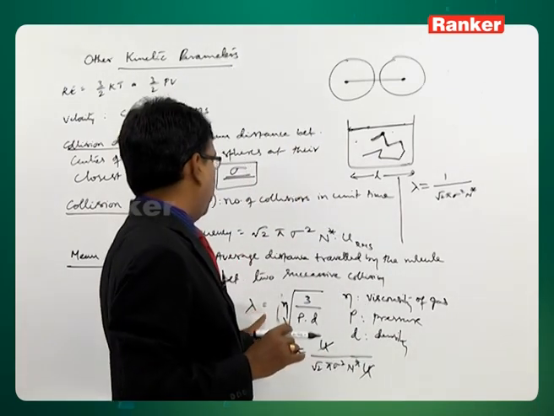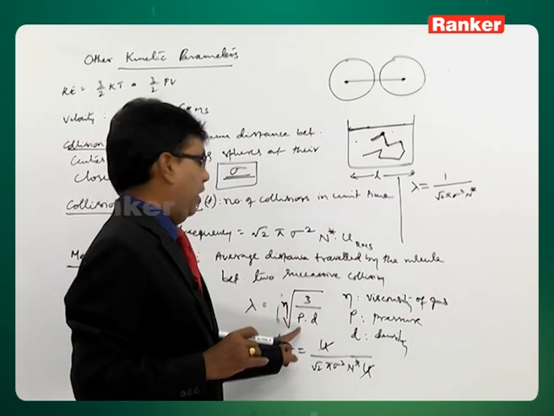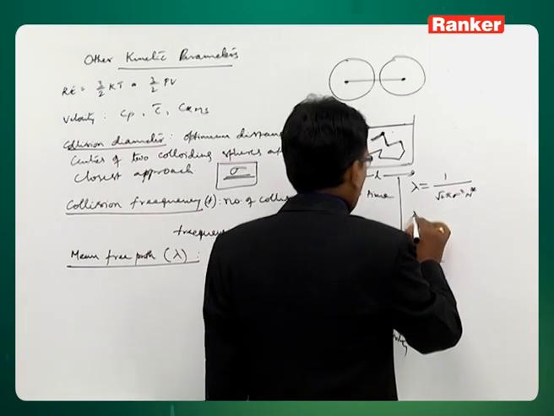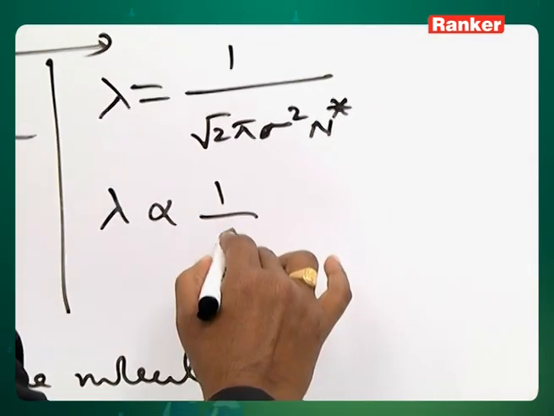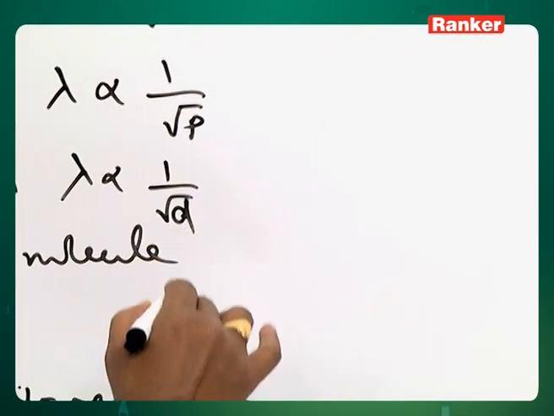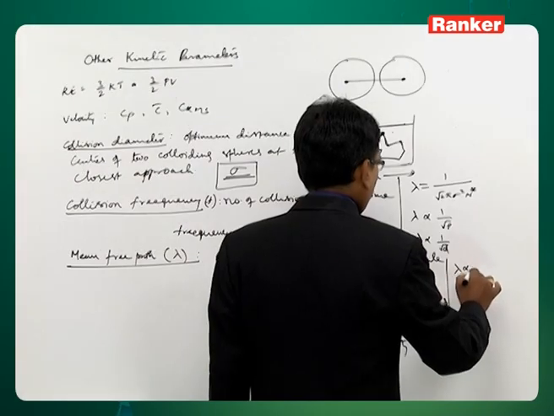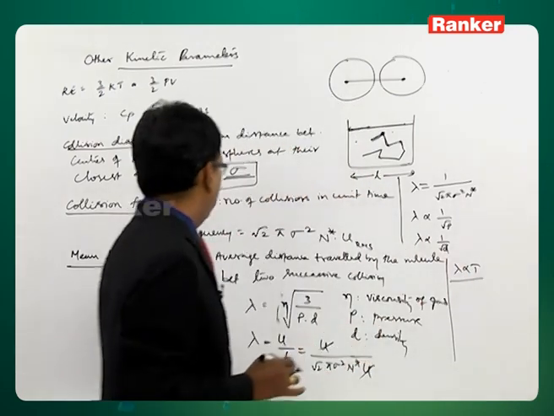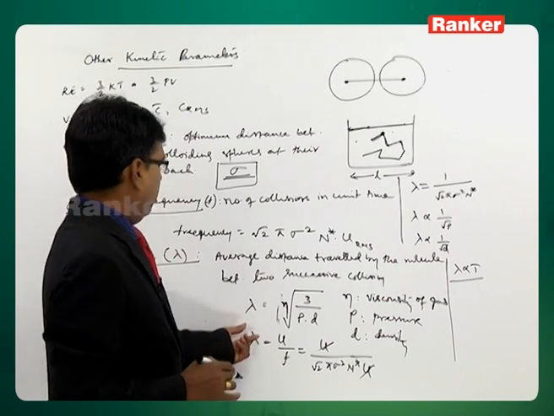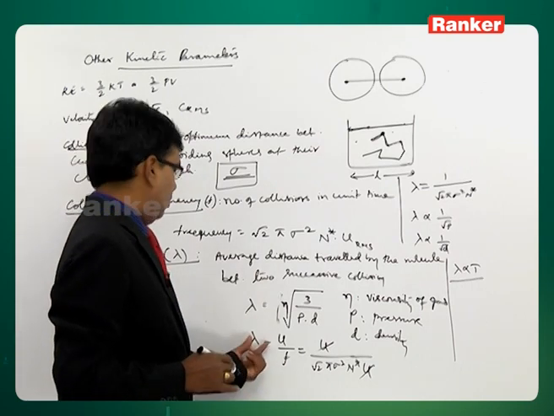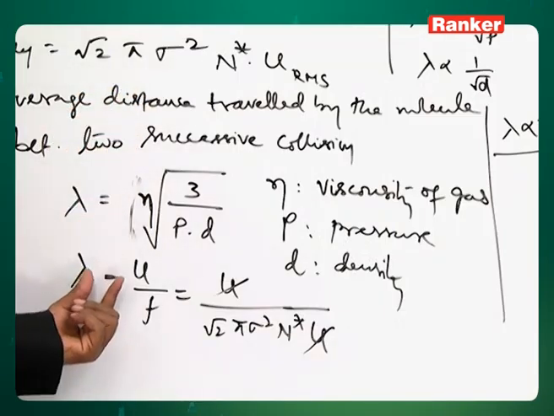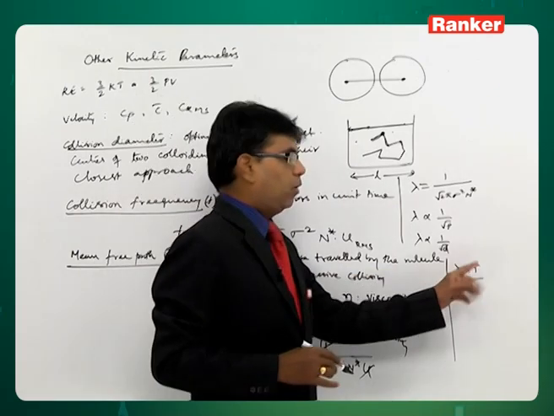So from this you can see that lambda is inversely proportional to P, lambda is inversely proportional to D. So lambda is proportional to 1 by root P, lambda is proportional to 1 by root D, and lambda is proportional to T, because URMS is proportional to T as a velocity. Now mean free path obviously will be proportional to temperature.